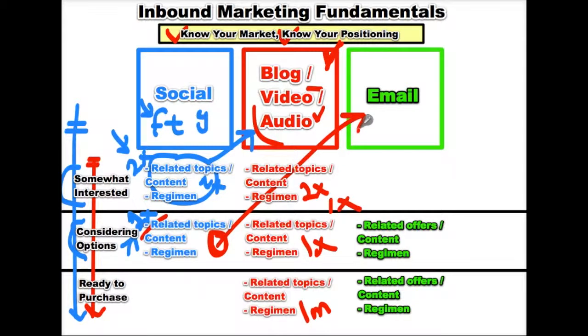This could be with webinars. This could be with white papers. This could be with surveys. But generally speaking, most of our social activity for most businesses, okay, I'm not going to be dogmatic, but I am going to say most, is going to be driving people to these categories.